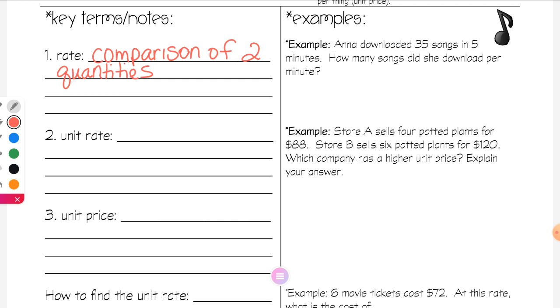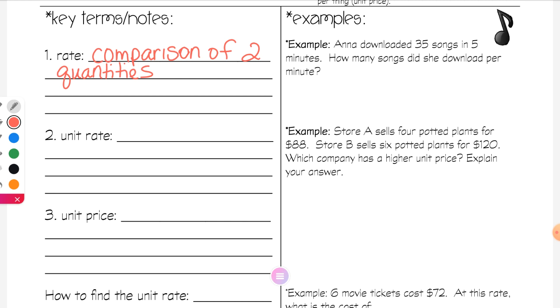What is a quantity, Owen? It's not a group necessarily. Ellie? Yeah, it's an amount of something. So this is comparing two different amounts, two amounts of two different labels. Miles in hours. How much money per sodas.